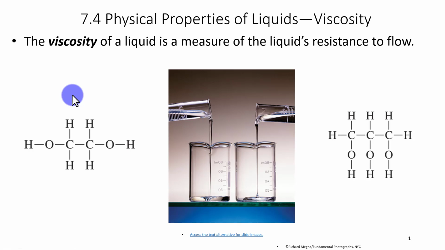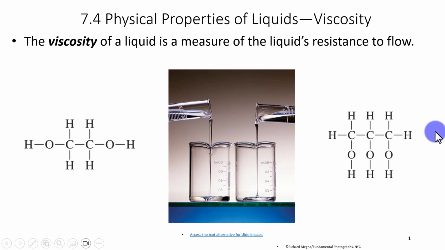If you look at what makes up honey, it's made up of a lot of glucose molecules, a lot of sugar molecules, and they have a lot of OH groups, just like this. And it tells us that it can hydrogen bond a lot more than water does. And that is why its intermolecular forces are very large, and that is why honey is more viscous than water. So the stronger the intermolecular forces, the more viscous a liquid is.